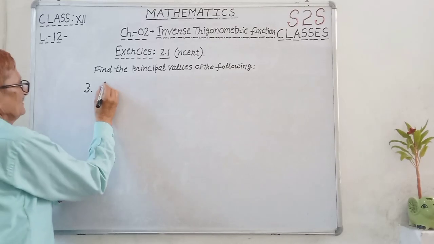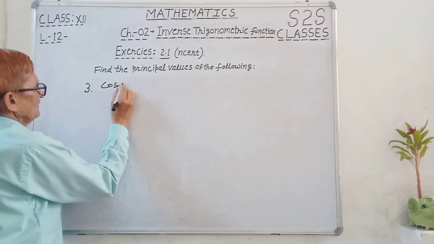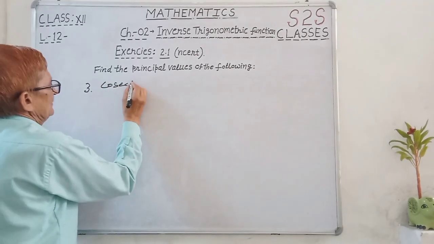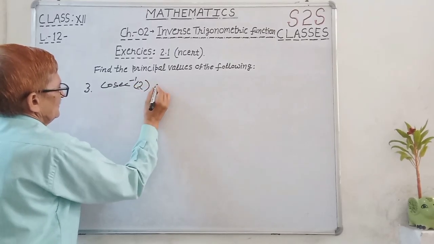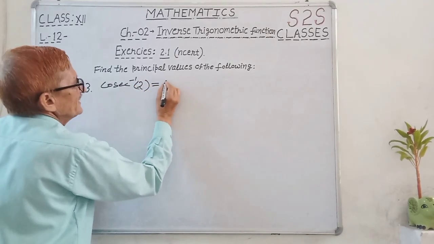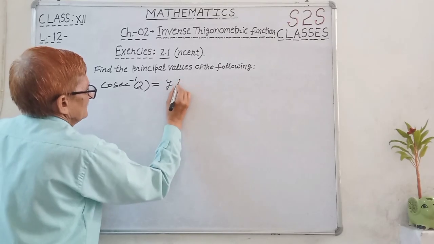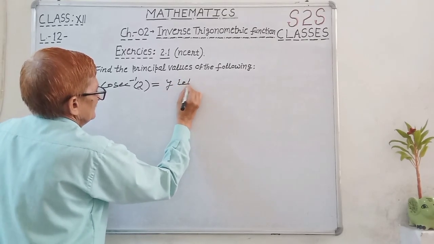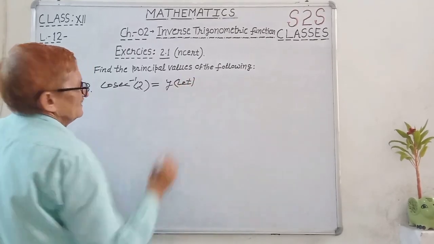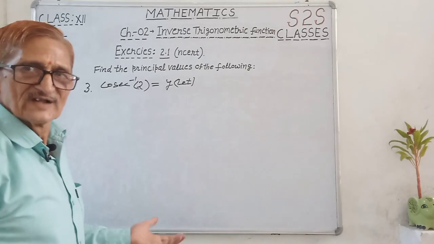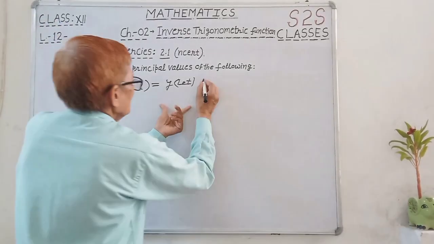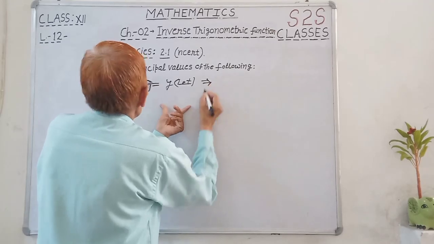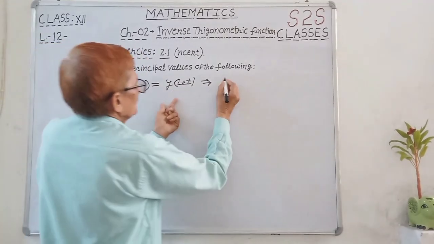Question number 3, cosec inverse 2. Let it be y, we have to find the value of cosec inverse 2. So let it be y, then this implies cosec y is equal to 2.